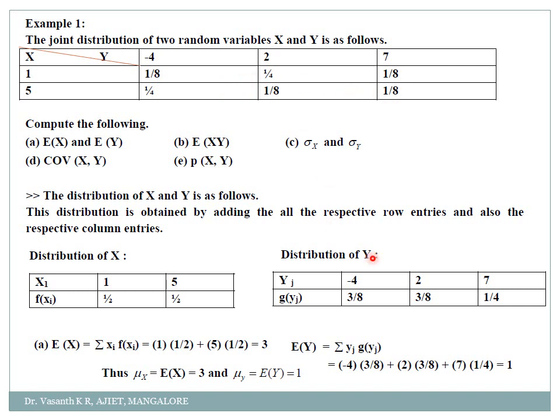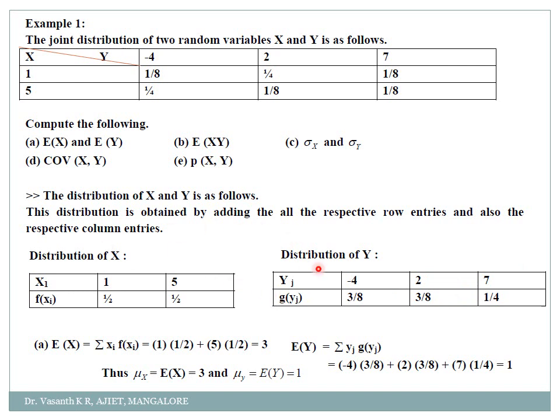Same way, distribution of y. Y will take the values minus 4, 2 and 7. So probability of minus 4 means you have to add column 1 by 8 plus 1 by 4. So probability of 2 means 1 by 4 plus 1 by 8. Probability of 7 means 1 by 8 plus 1 by 8. That is 1 by 4. Are you clear with this table, my dear students? First, how to get the distribution of x and distribution of y.